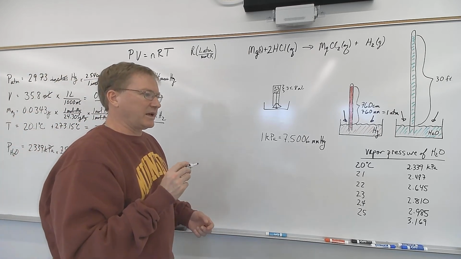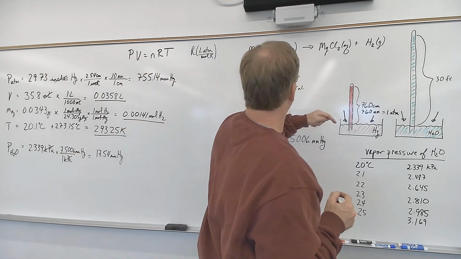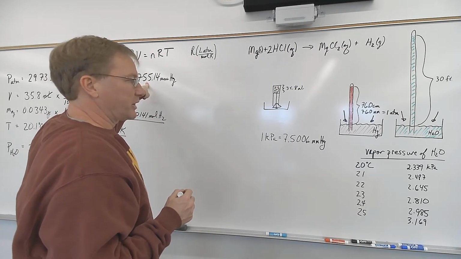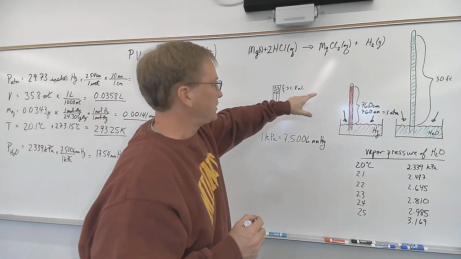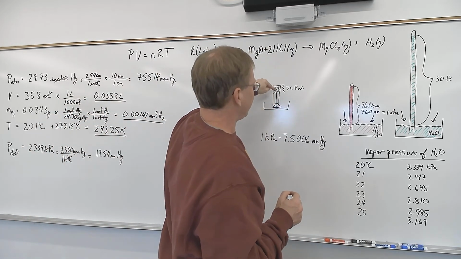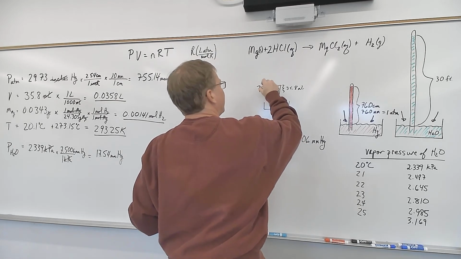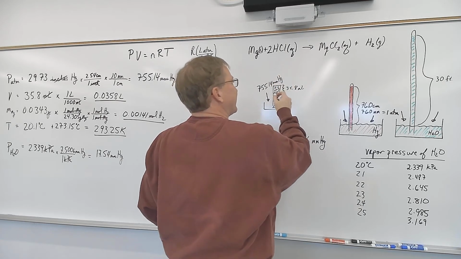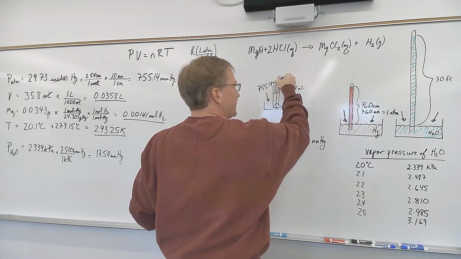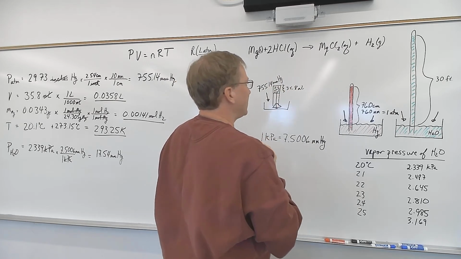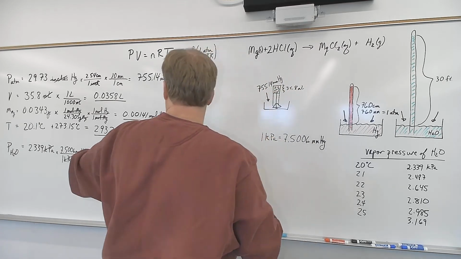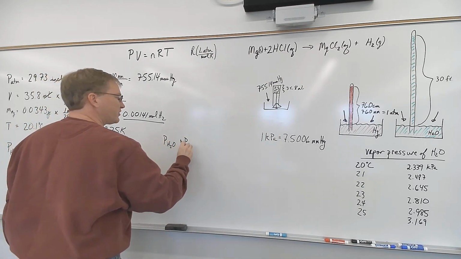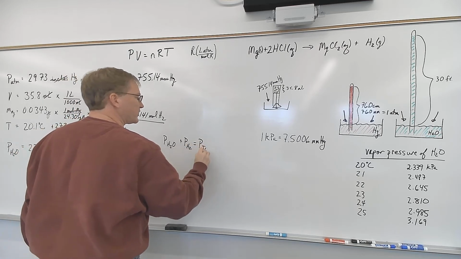All right. So what we know then is that there's a total pressure pushing down on us of 755.14 millimeters of mercury, and that's how much pressure must then also be in here pushing down on the water up there, right? And so some of that pressure is due to the pressure of the water. So what we find is that the pressure of the water plus the pressure of the hydrogen gas has to be equal to the total pressure.